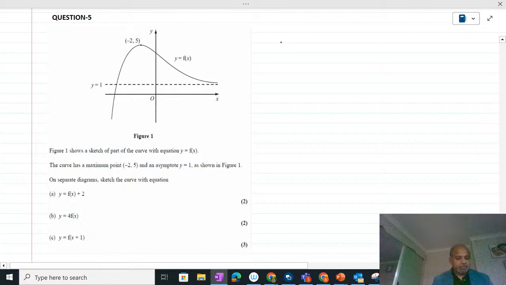Just a couple of seconds more. You should be doing it. It is f(x) plus 2. So the graph is going 2 units up towards the y-axis.